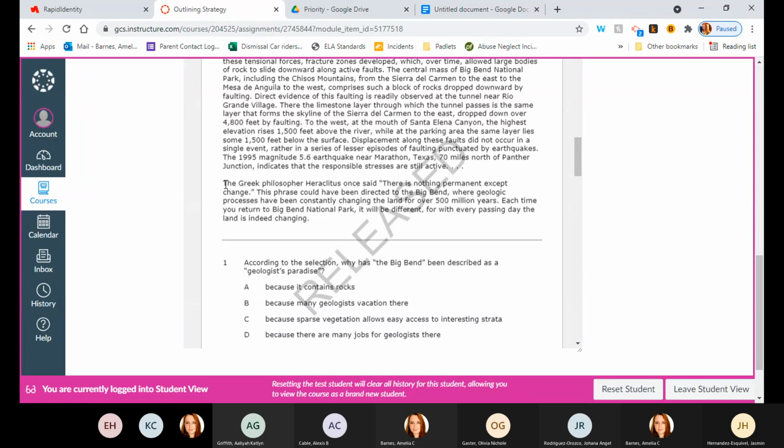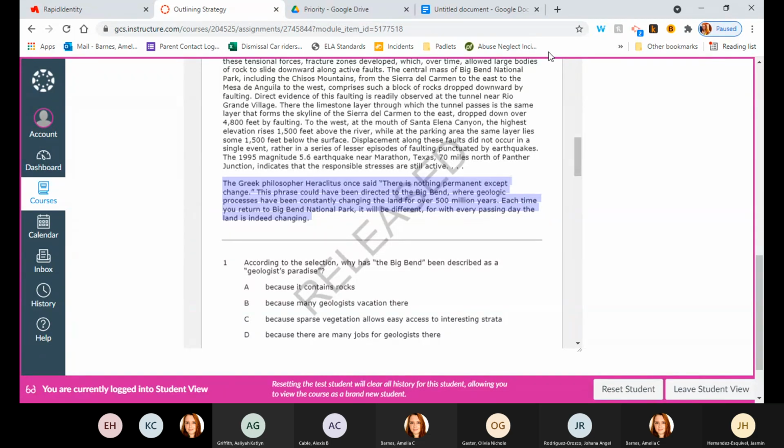So this last paragraph, what's this last paragraph doing? How does this relate to everything that came before it? It sums up everything that we just read.